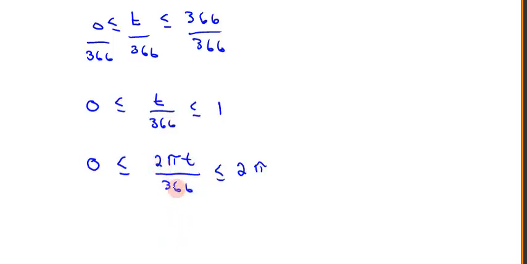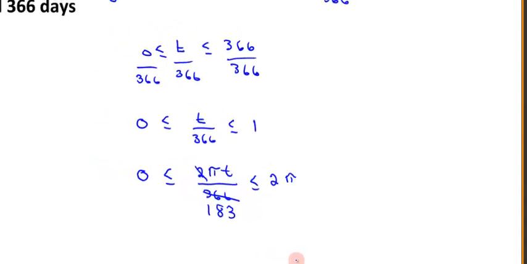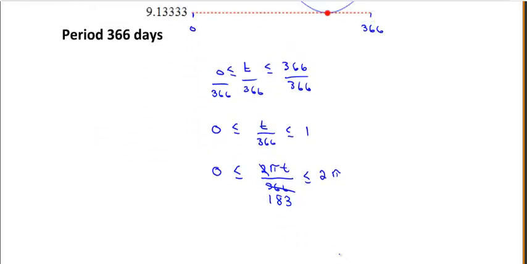Now 366 is an even number, so I think I can cancel that off, and I believe that would leave, check me though, a 183. And so as t goes from 0 to 366, this expression pi t over 183 will go between 0 and 2 pi.